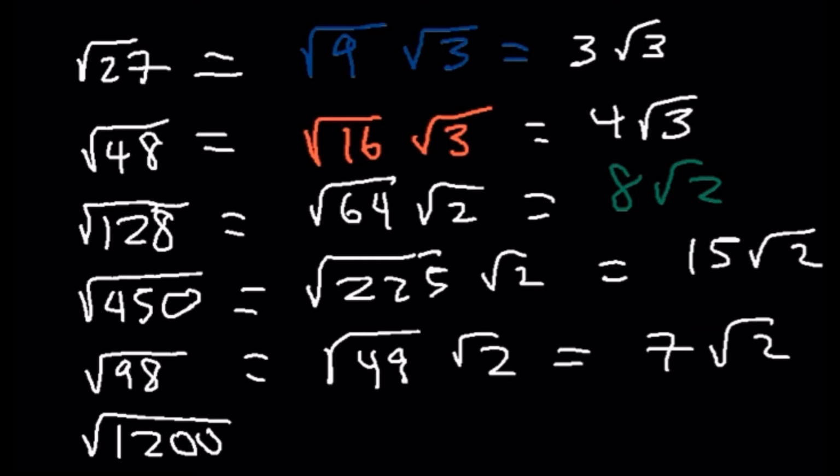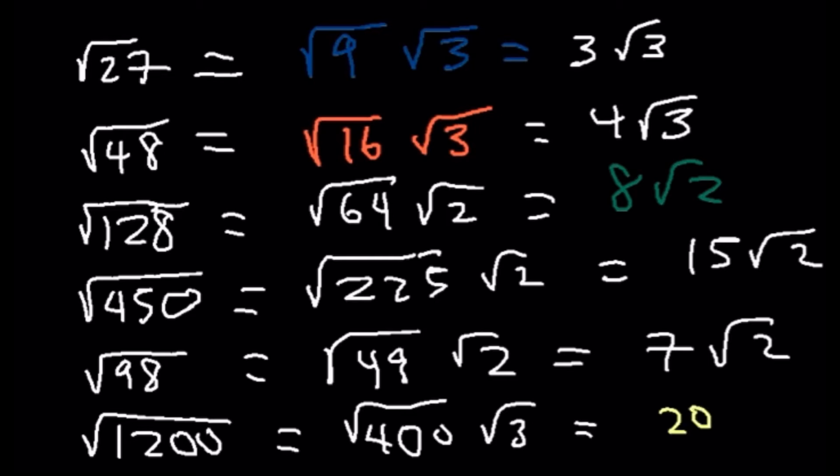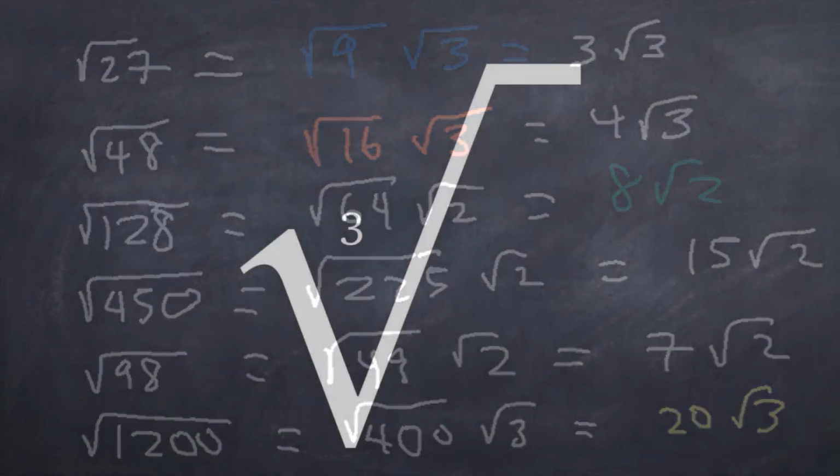Now what about 1200? What's the largest perfect square that goes into 1200? This would be 400. 3 times 400 is 1200, and the square root of 400 is 20, so you get 20 root 3. So that's how you can simplify square roots.